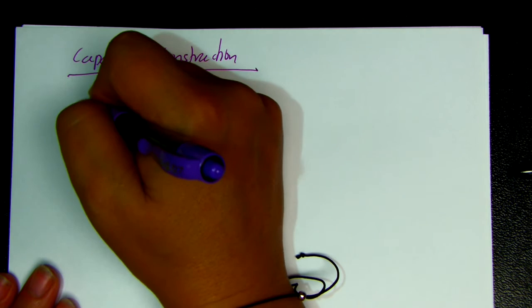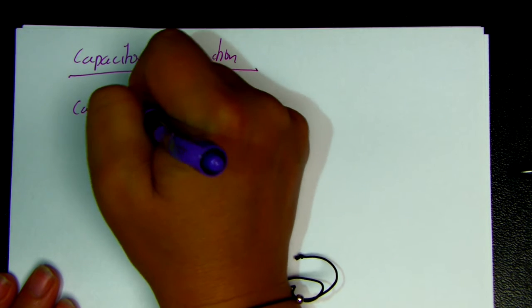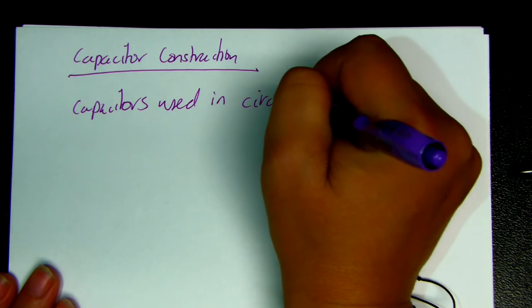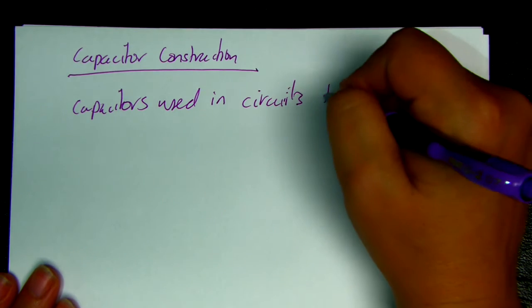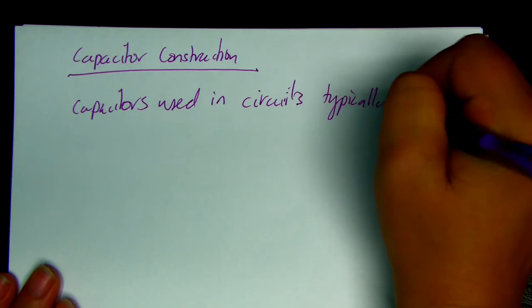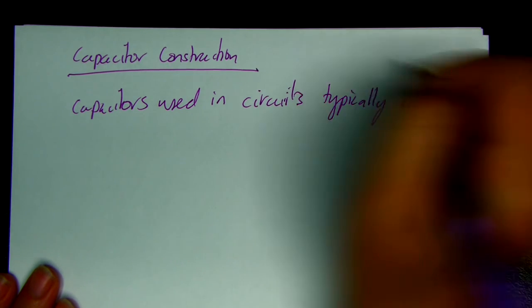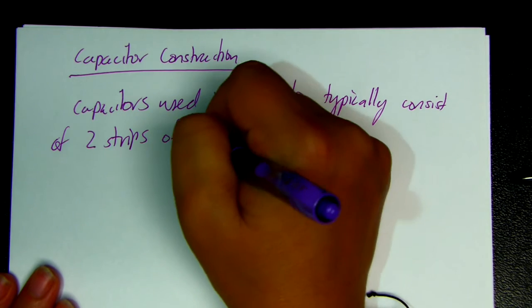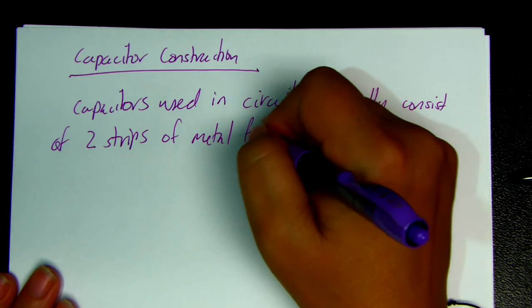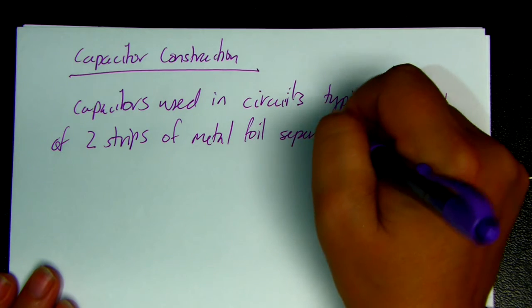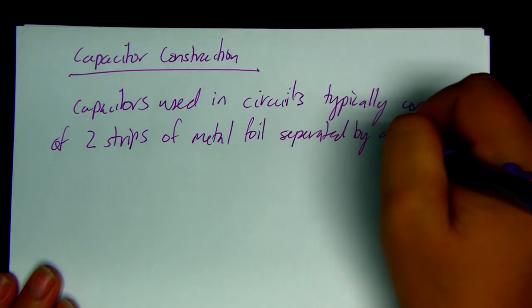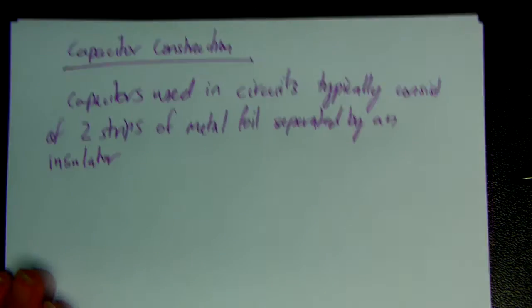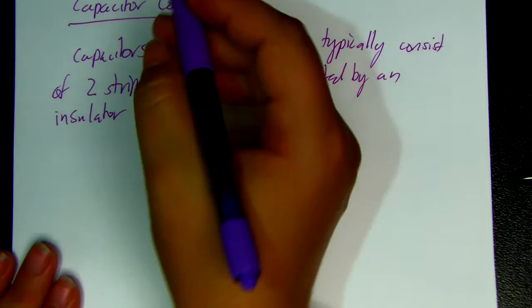Realistically, capacitors that we use in circuits typically consist of two strips of metal foil separated by an insulator. So that capacitor that we studied with the insulator inside, that's actually pretty realistic.